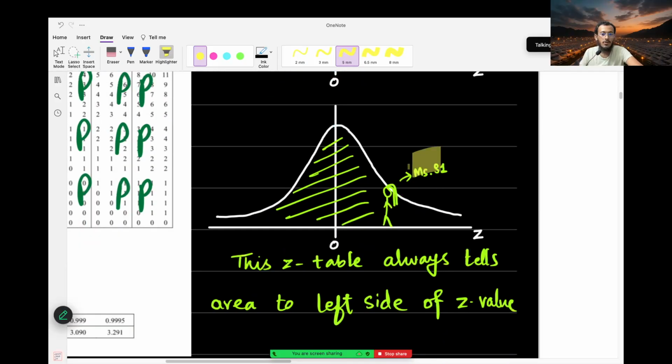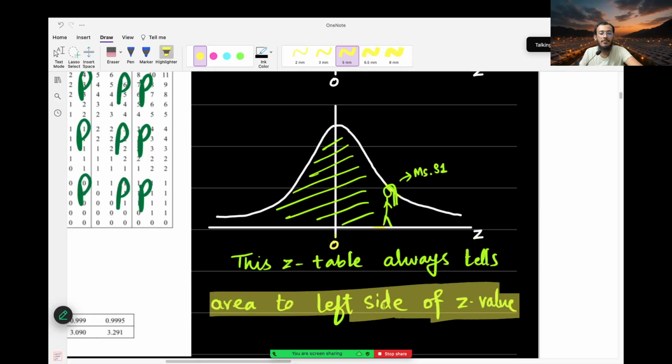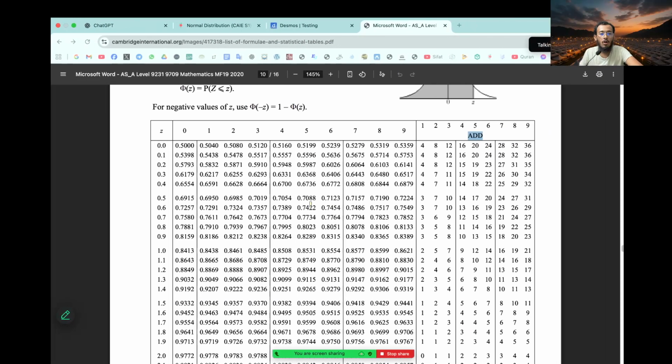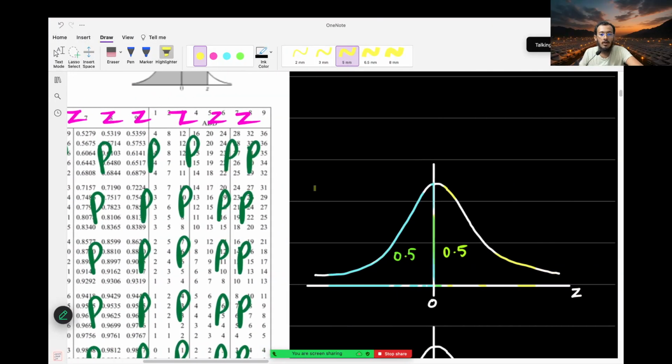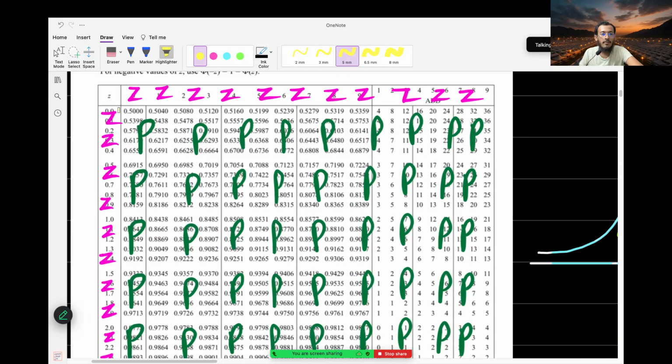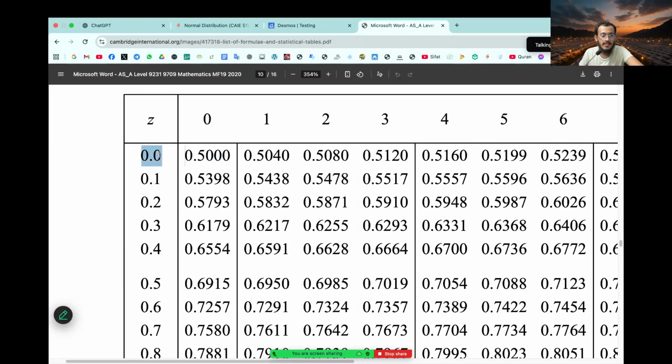So now we introduce our figure. This Z table always tells the area to the left of the Z value. That is the reason it starts from 0.5, because when you have Z 0.0, listen carefully, the area is 0.5.